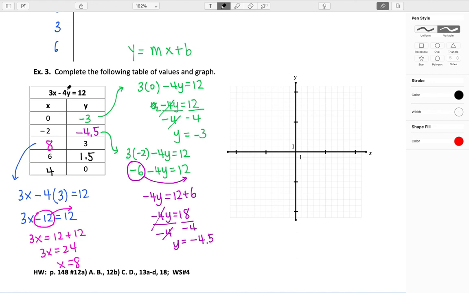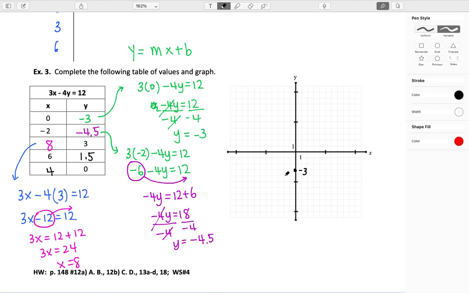Okay, so remember this is not a slope y-intercept form, so you have to do a little bit of rearrangement in algebra. Let's plug in the points. Each square is going by 1, so 0 and -3. So I'm going down 3. This is at -3. Then 0, -3, -2, -4.5.